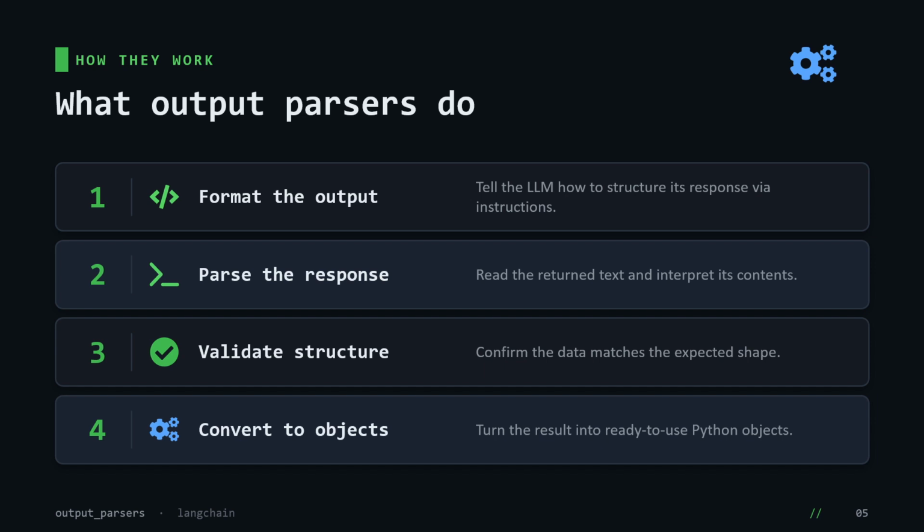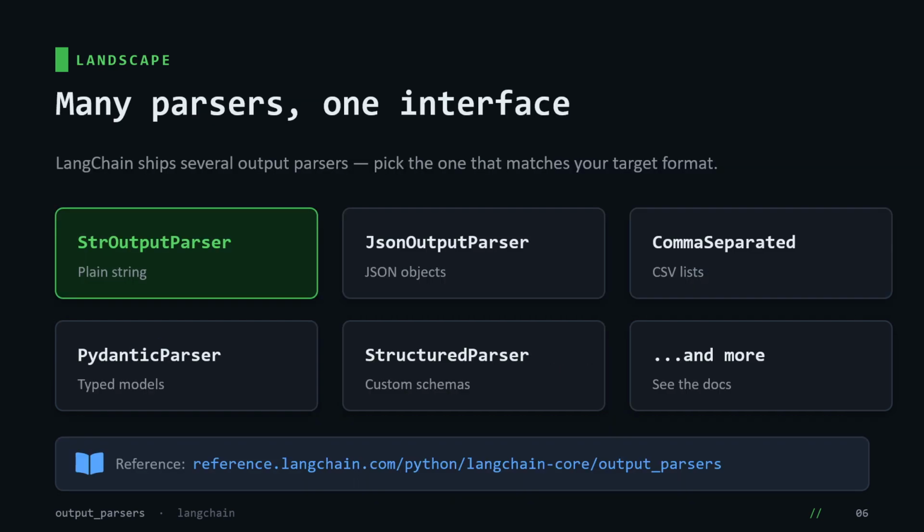The structure is also validated, so using the Pydantic output parser we can validate structure too. And the raw output can be converted to an object, for example a Python dictionary or JSON, to use it for downstream applications. All these things the output parser will do.